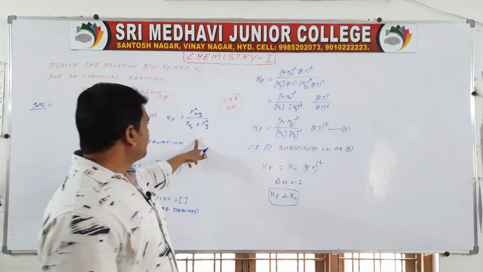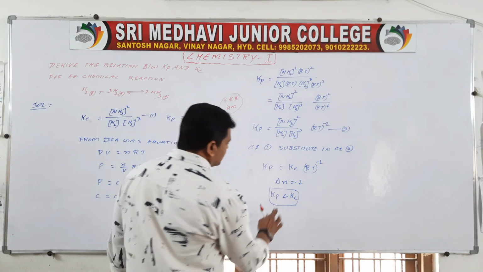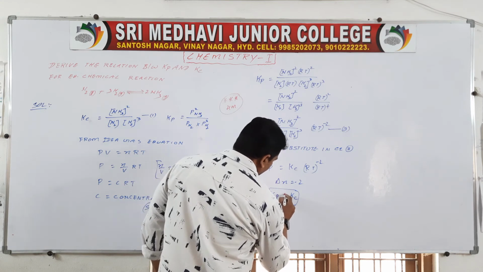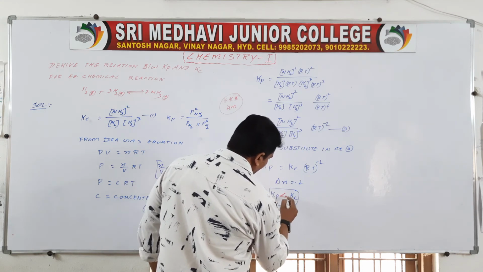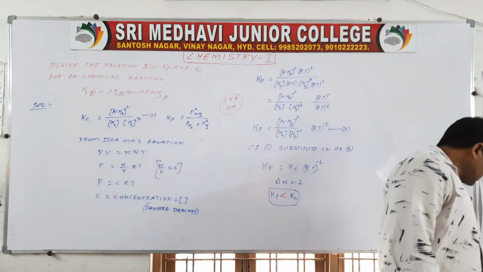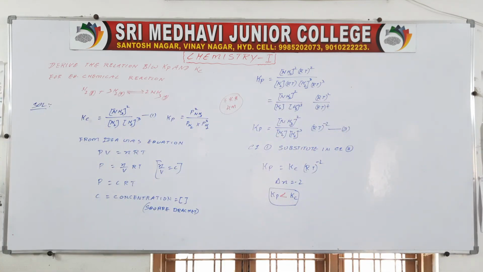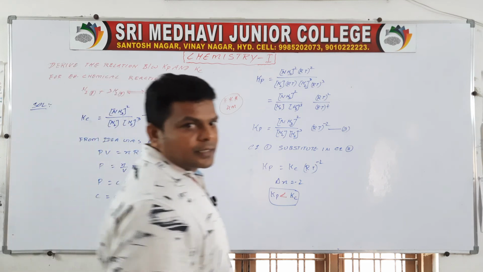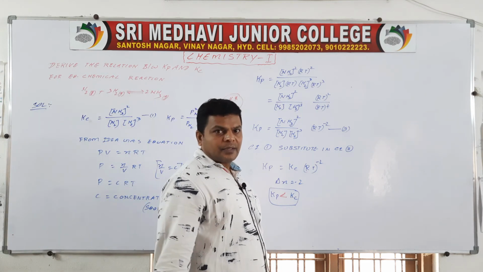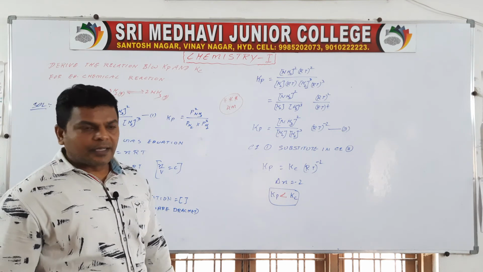So this is Kp and this is the relation between Kp and Kc. It is nothing but Kp is less than Kc. So this is derive the relation between Kp and Kc.